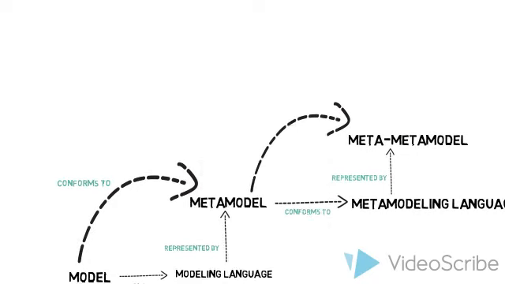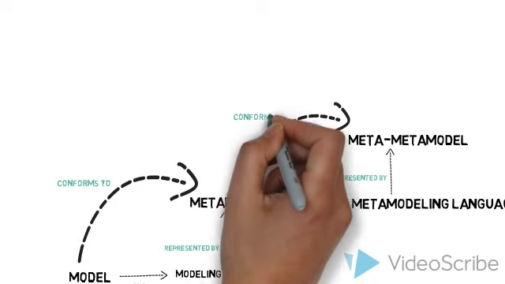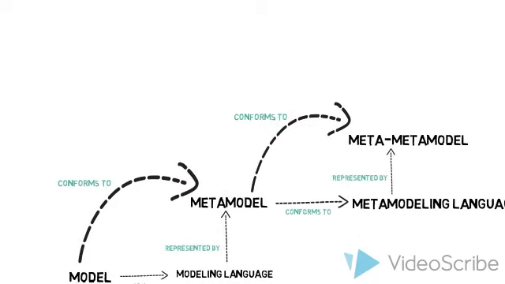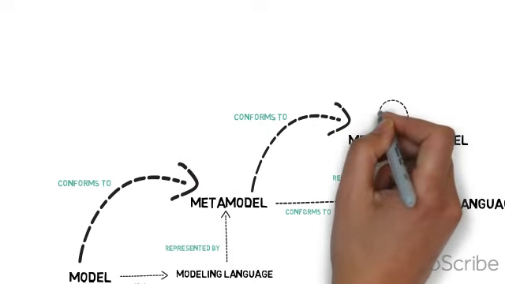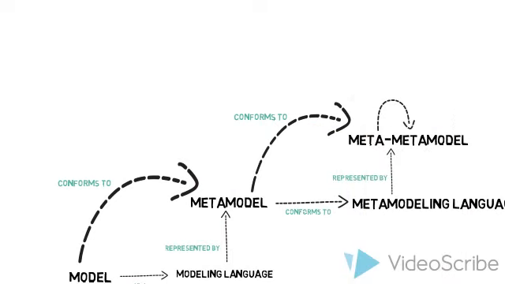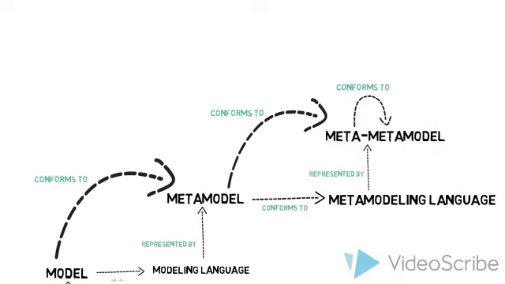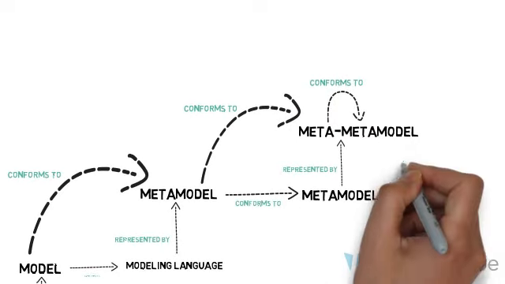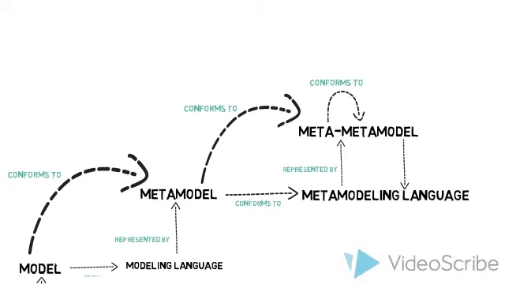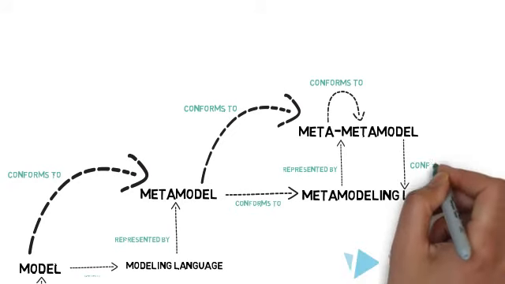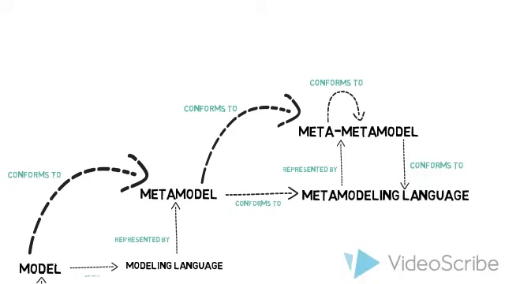So finally, a reflexive metamodel conforms to a language whose abstract syntax is represented by itself. Transitively, we can say that a metamodel conforms to itself. The metamodel substitutes the metamodeling language in the transitive conforms to relationship.